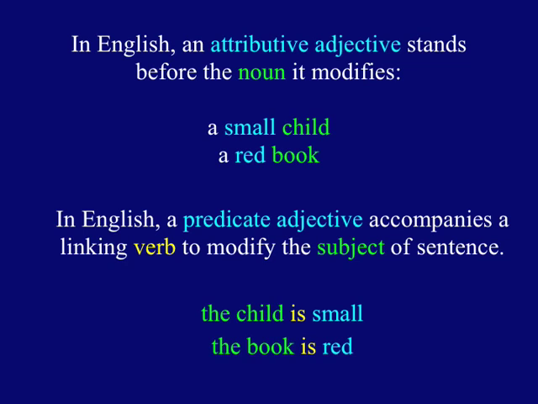So in English, the predicative adjective we only get with the help of a to be verb. We're going to see that in Hebrew that is not the case. You can have perfectly good predicative adjectives without the help of a to be verb. But by other means, these will be perfectly distinguishable from the attributive use of the adjective.